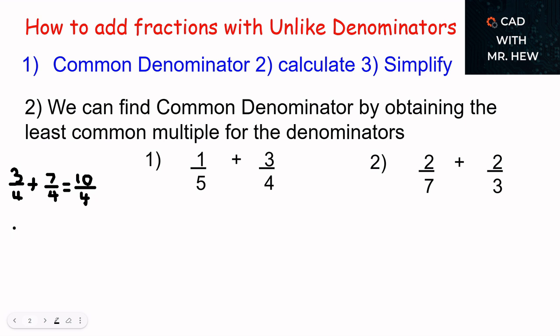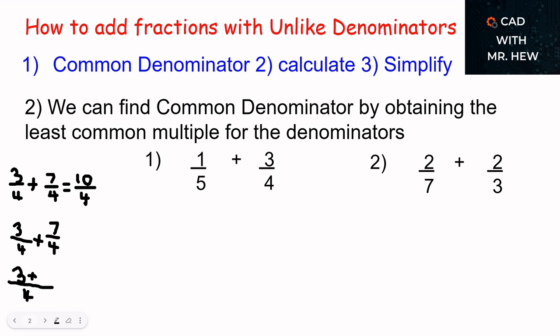We could say 3 upon 4 plus 7 upon 4. You could work it out like this. So you could say the common factor for, we have the 4, so the 4 will be here, right? So 4 into 4 is 1. We're going to put the plus sign here. 4 into 4 is 1. 1 times 3 is 3.